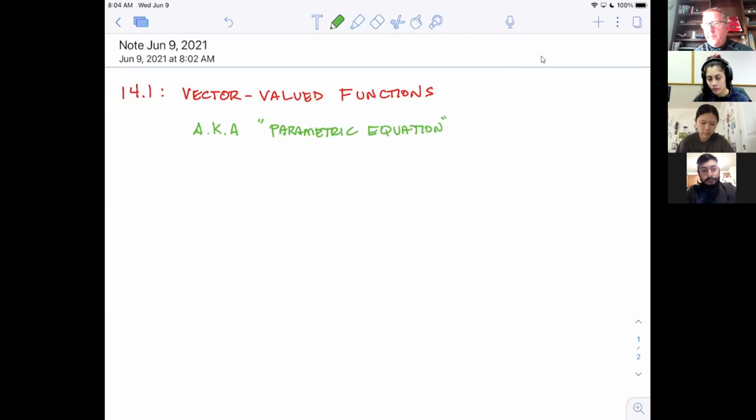Which is actually what we've been working with. All those T's, like we have a line and it's made of T's. That's a parametric equation. So you actually already know this. But today you'll get to see a little bit of what the power is of this.